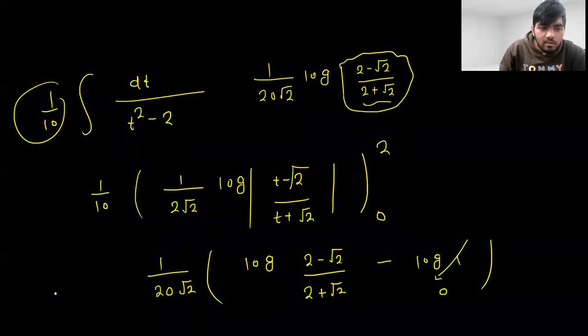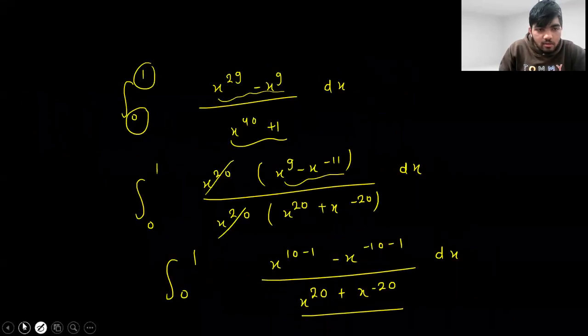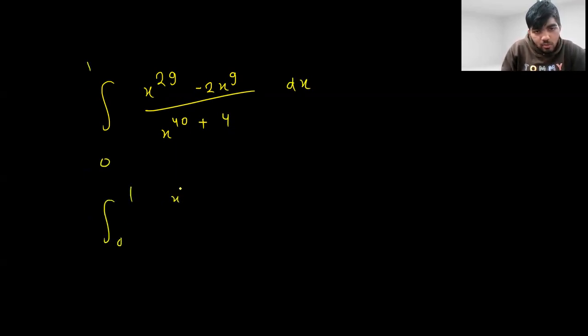Now we calculate the second integral in a similar way. The second integral is (x^29 − 2 times x^9) divided by (x^40 + 4) dx from 0 to 1. So we take x^20 common.